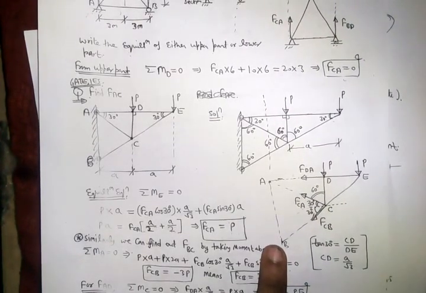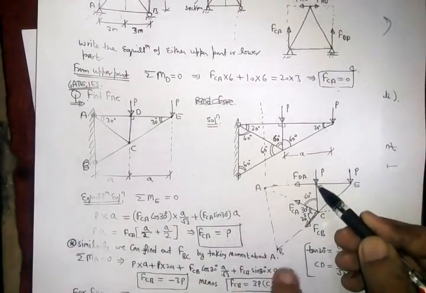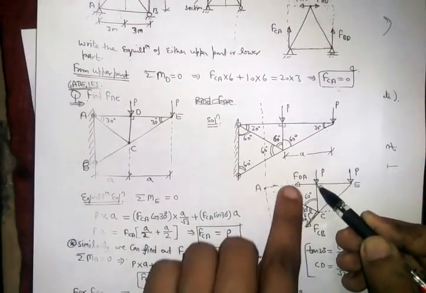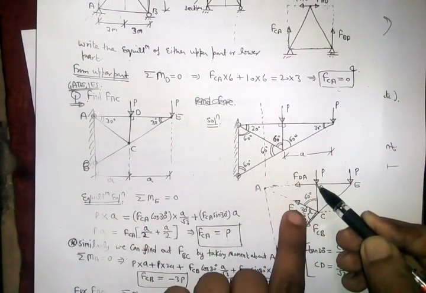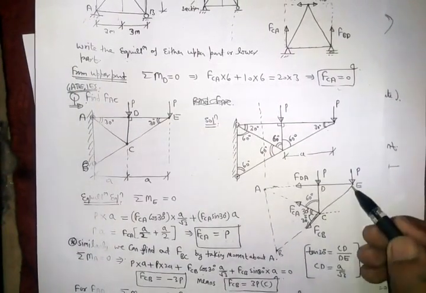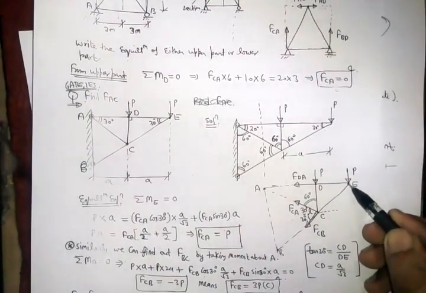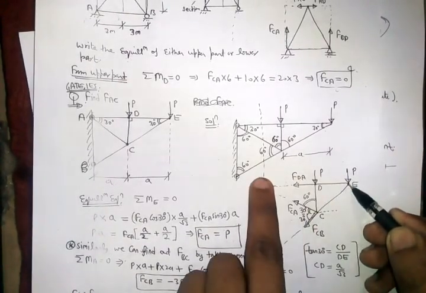But if I take moment about this other point, the moment will be 0, but these two unknowns will appear. But friends, if I take moment about point E, the moment of FCB will be 0 and the moment of FDA will be 0.